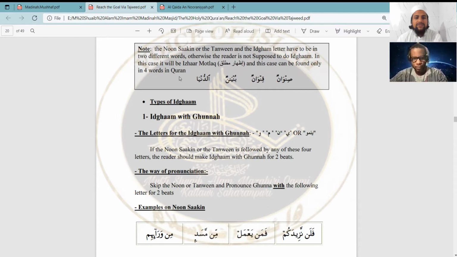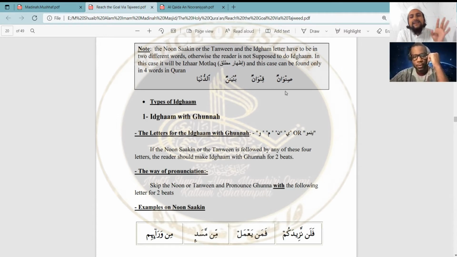In this case, it will be izhar mutlaq, and this case can be found only in 4 words in the Quran. I mean, you are supposed to do idgham everywhere, wherever any letter of yarmalun is followed by tanween or nun sakin. But these are 4 exceptions.